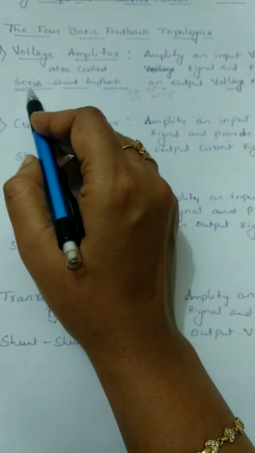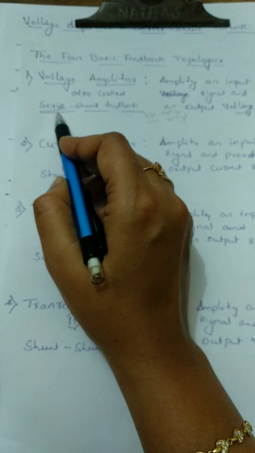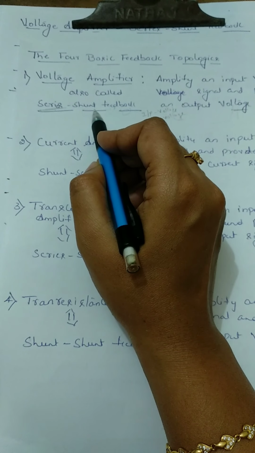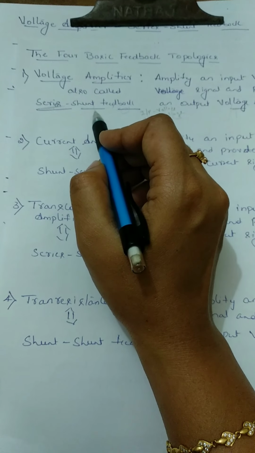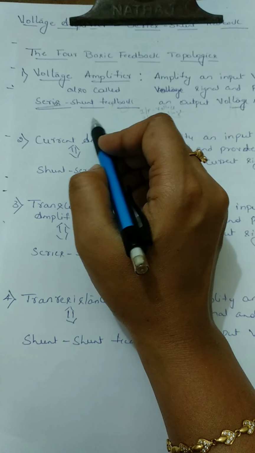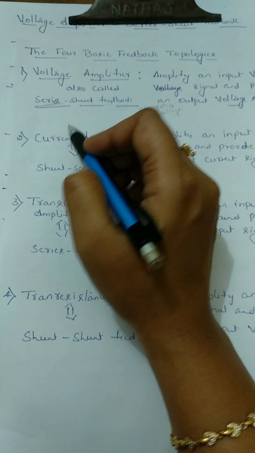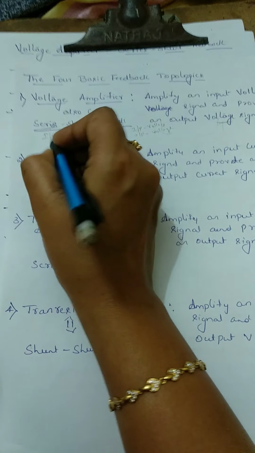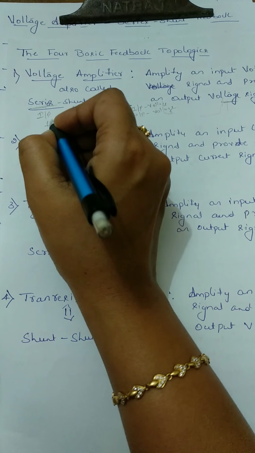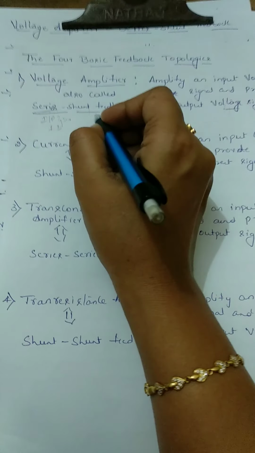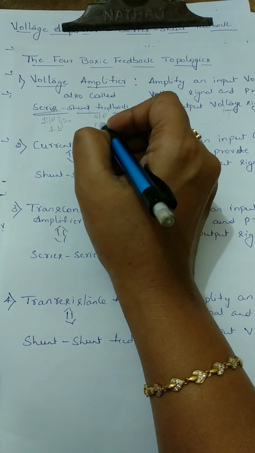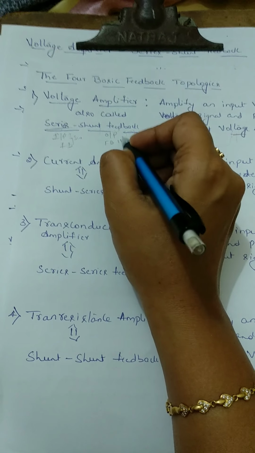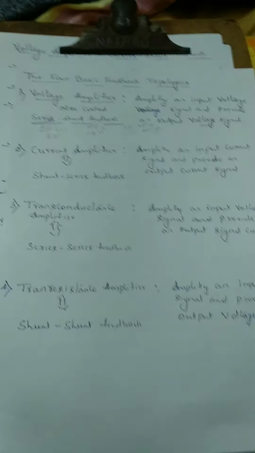The feedback signal is connected as input in series with the input, and the output is taken in parallel to the feedback network. So here the input signal and feedback signal are connected in series, and the output signal and feedback are connected in parallel. So that is why it is called series shunt feedback.